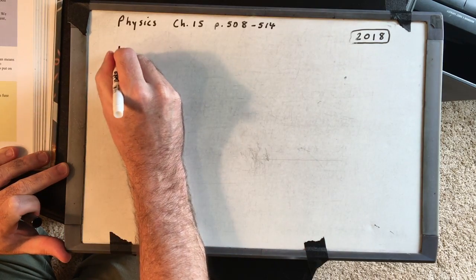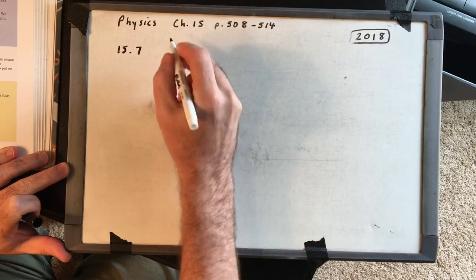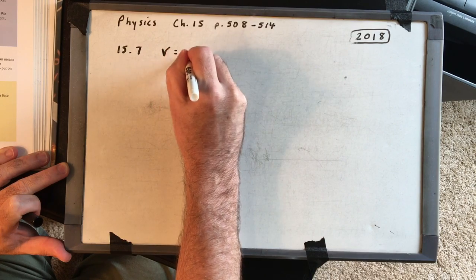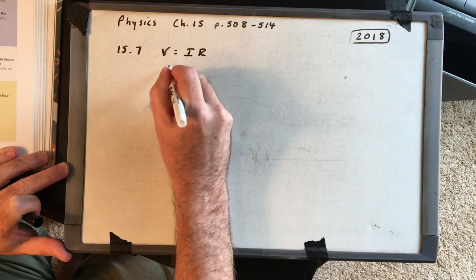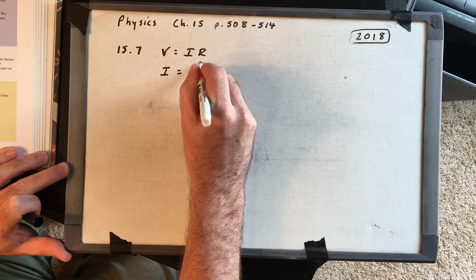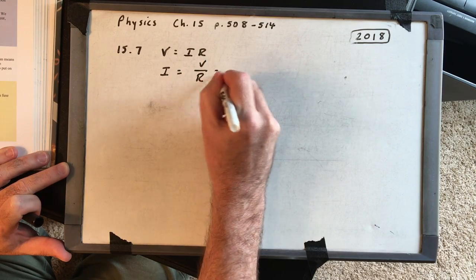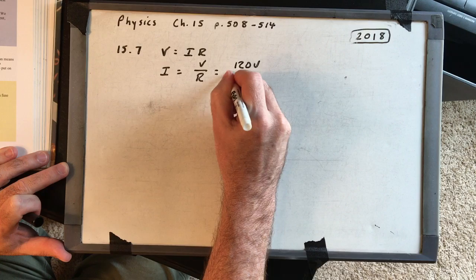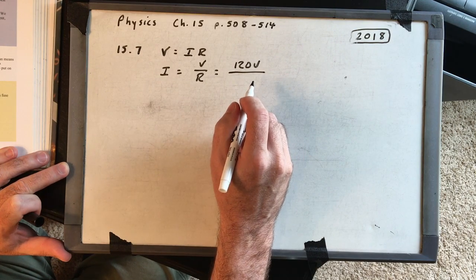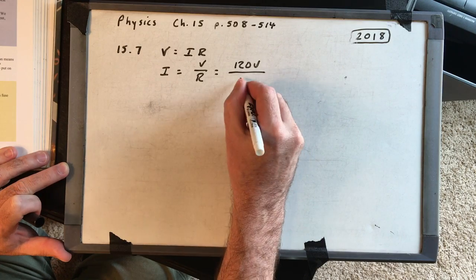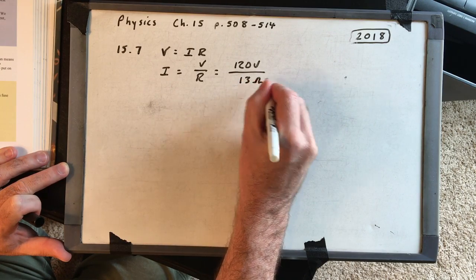All right, so we know that V is equal to IR. So I is going to be V over R. That's 120 volts. Now the resistors are in series, so the resistance is going to be 8 plus 5, or 13 ohms.